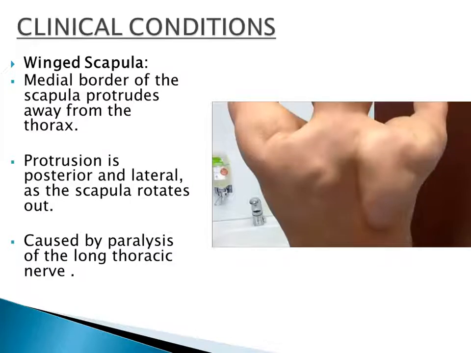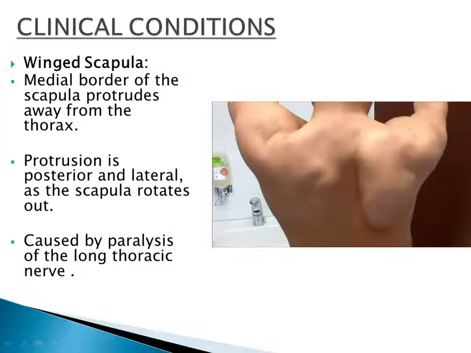Another clinical condition is called as winging of scapula, in which the medial border of the scapula protrudes away from the thorax. So look over here. This is the winged scapula. The medial border of the scapula can be seen clearly prominent.